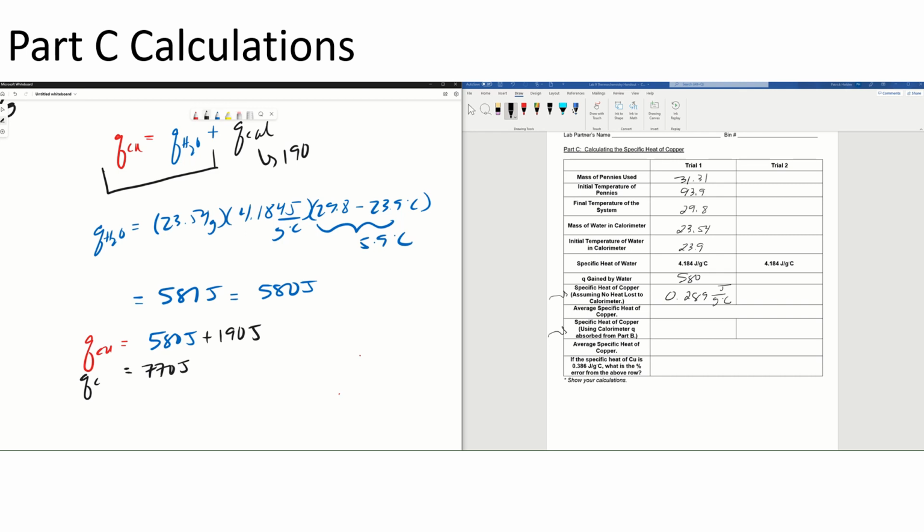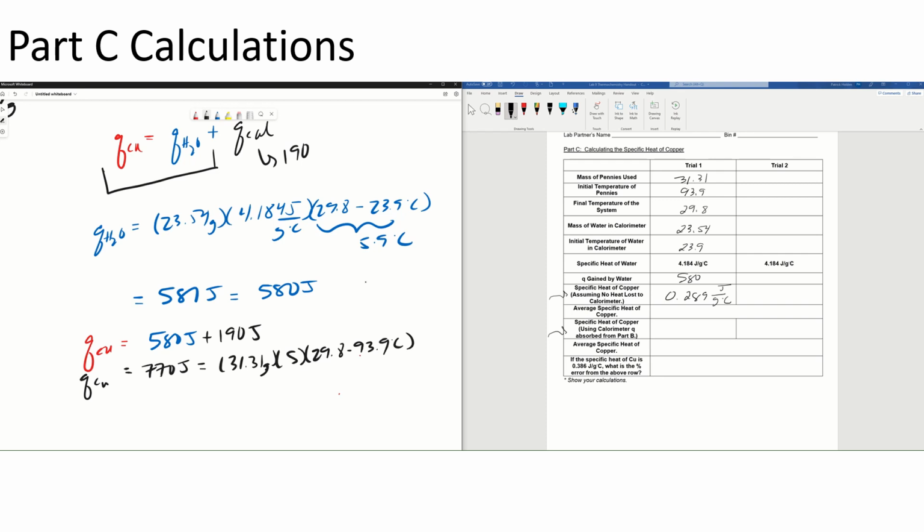So this value is going to be equal to the mass of the pennies times the specific heat times the change in temperature, which was 29.8 minus 93.9 degrees Celsius.